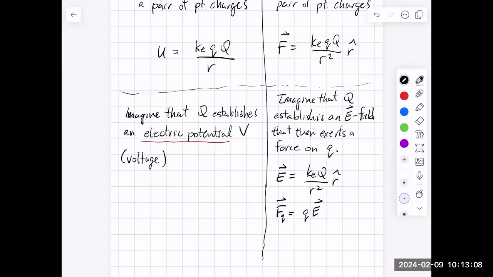So when we eventually start talking about circuits, we'll talk about the voltage provided by a battery. That's the same thing as an electric potential. Okay, so established is an electric potential that interacts with other nearby charges.